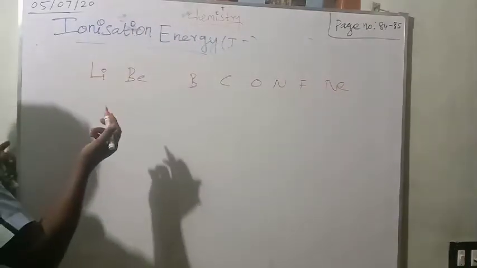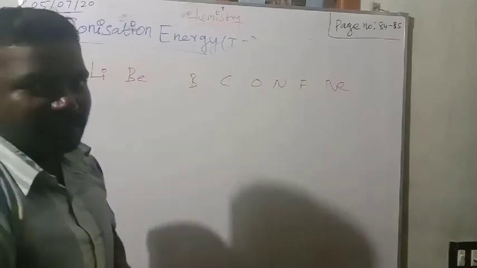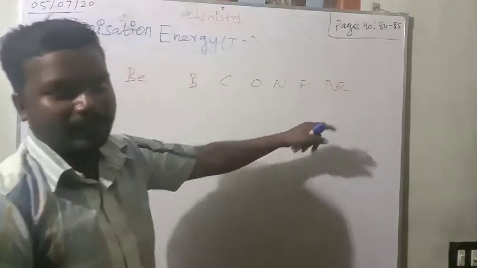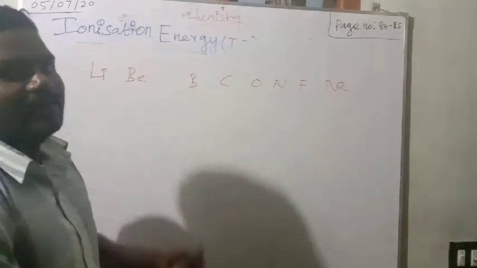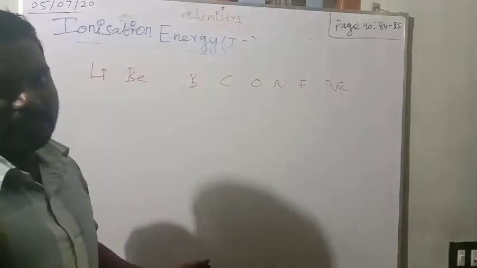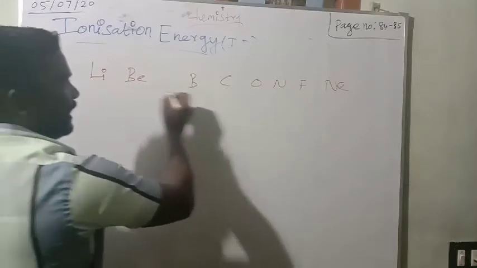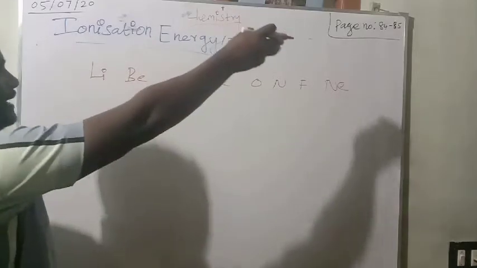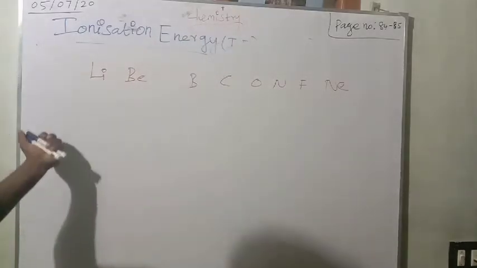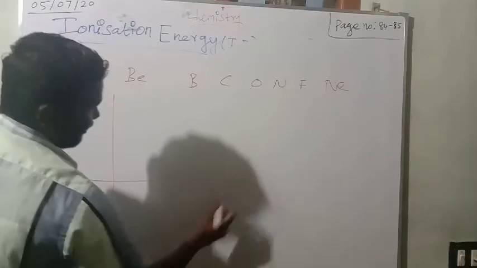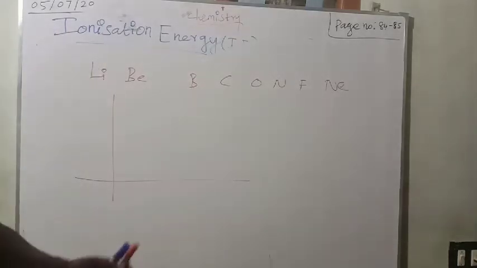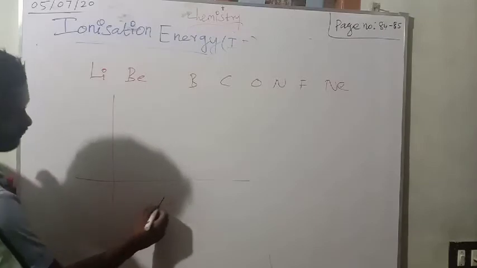As you know very well, which one has more ionization energy? Neon, right? Because size decreases, which one has the least size? It will have the more ionization energy, right? So if you compare, the last one will have high energy, the first one will have the least ionization energy. So you can draw a graph. On the x-axis you can take atomic number.